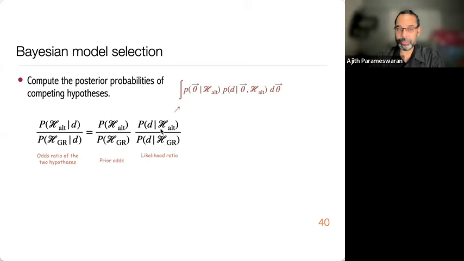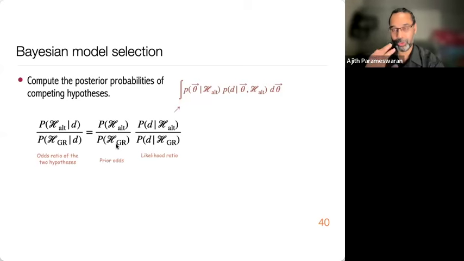And using Bayes' theorem, we can split this into two, just like we did very early on in the detection problem, as a ratio of priors, called the prior odds, times the ratio of the likelihoods, which is called the likelihood ratio. Now, we know that GR has been very well tested. GR has basically passed all the observational and experimental tests with flying colors. So our prior odds for GR are pretty strong.